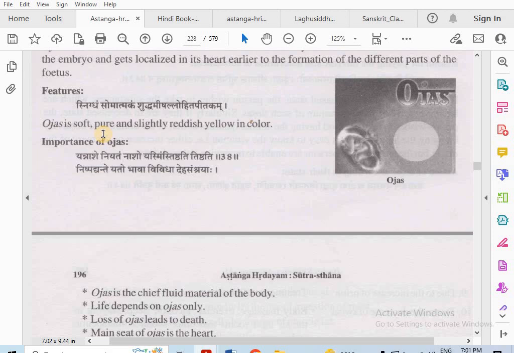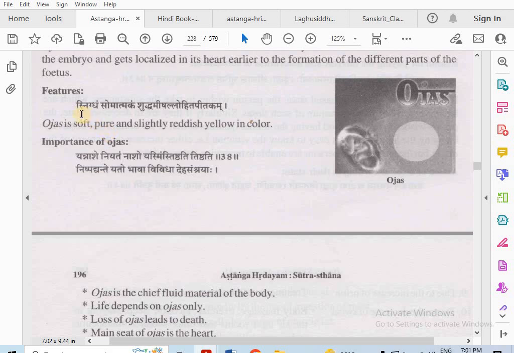One meaning of soma is moon. One meaning of soma is liquor. So many different meanings of soma are there. Here somatmakam means very pure. And then shuddham. Second word starts with e, ishat. First shuddham, you should take as very pure. Clear?